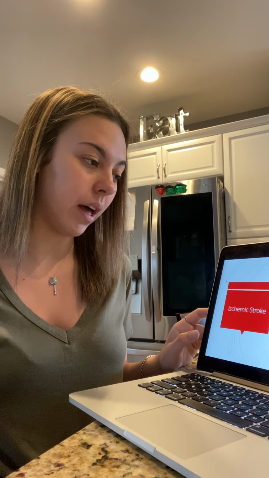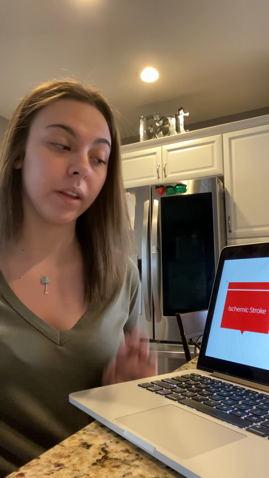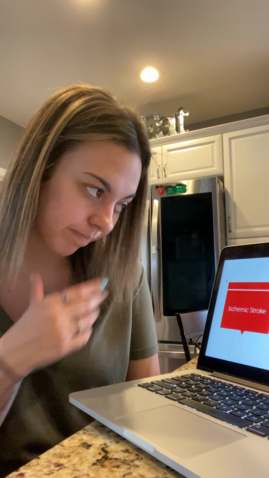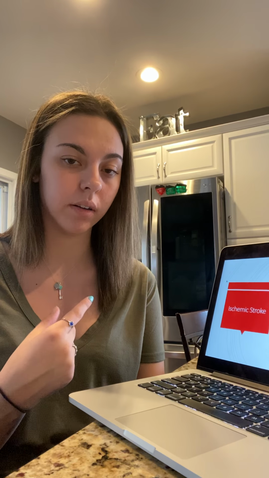The blood clot may block the flow of oxygen-rich blood to a portion of the brain, causing long-term brain damage. So if a thrombus gets lodged somewhere in one of the arteries, then it can block flow of oxygen to the brain, which would then cause a thrombotic stroke.